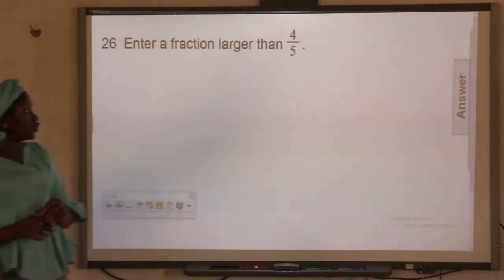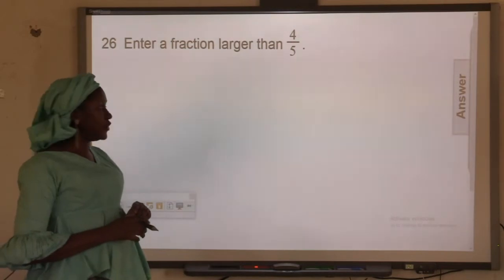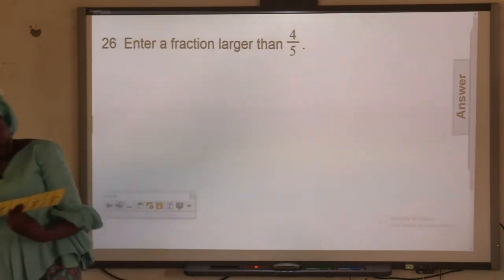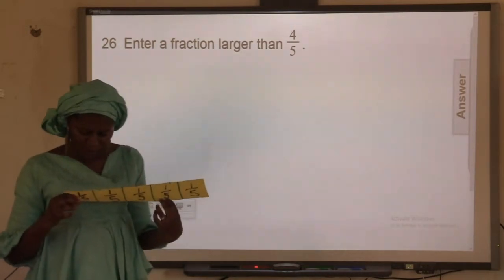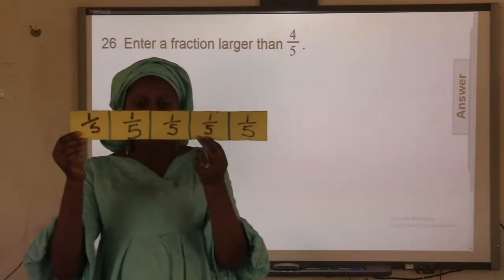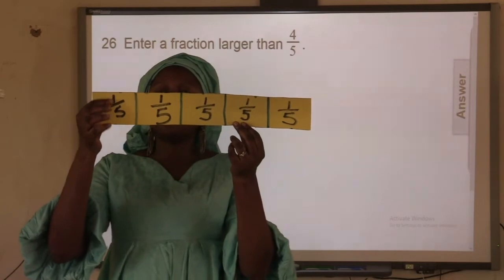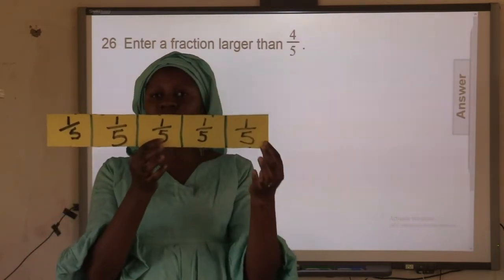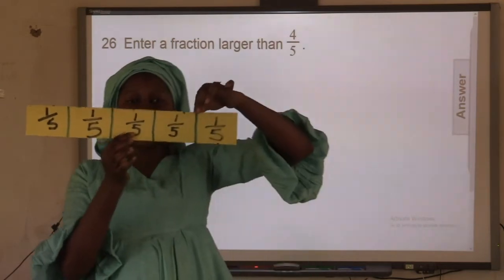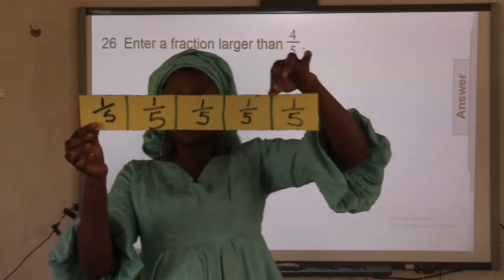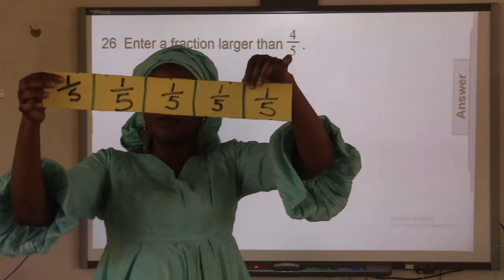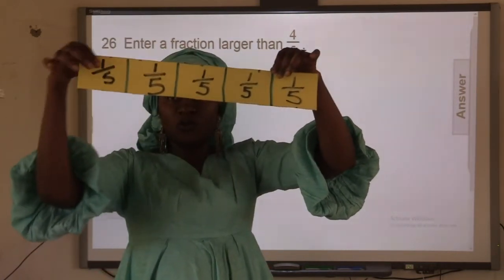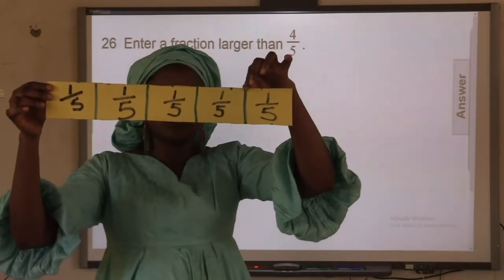Enter a fraction larger than 4/5. That one I will use a diagram, because by looking at this chart we have 1/5, 1/5, 1/5, 1/5, 1/5. If we are at this portion here, it means 1/5 plus 1/5 plus 1/5 plus 1/5, which is 4/5.